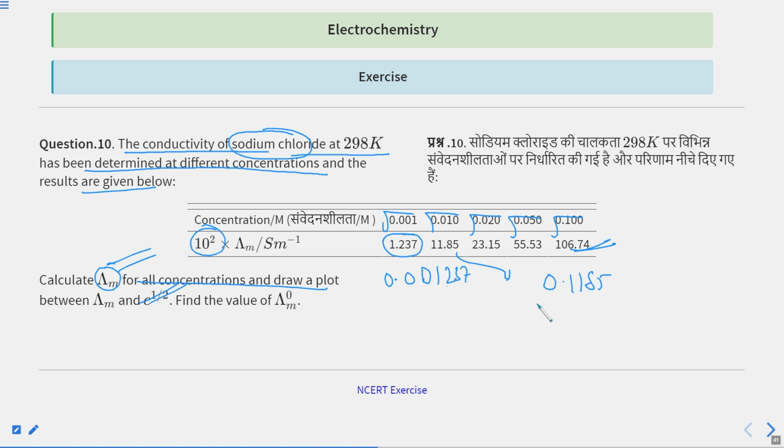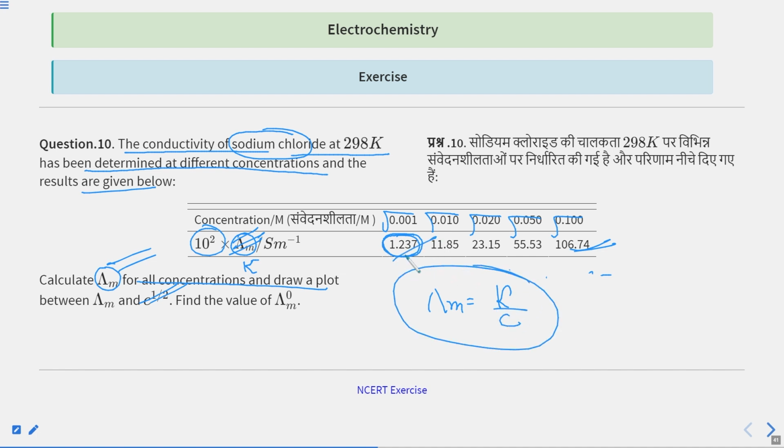These are the values of kappa and not your lambda m. So this is written wrong. This is of kappa. If you have to calculate lambda m, that would be simply kappa by C, that is 0.001 by 1.237.